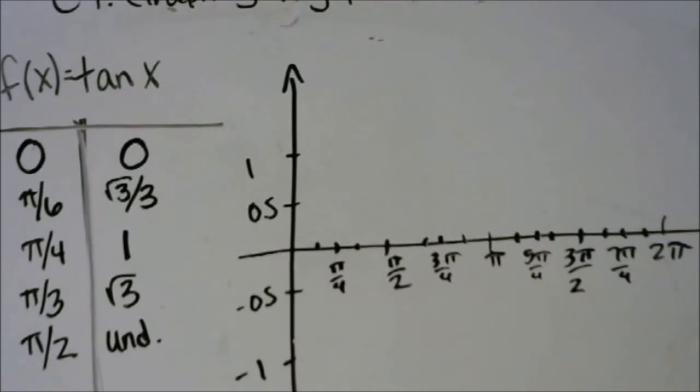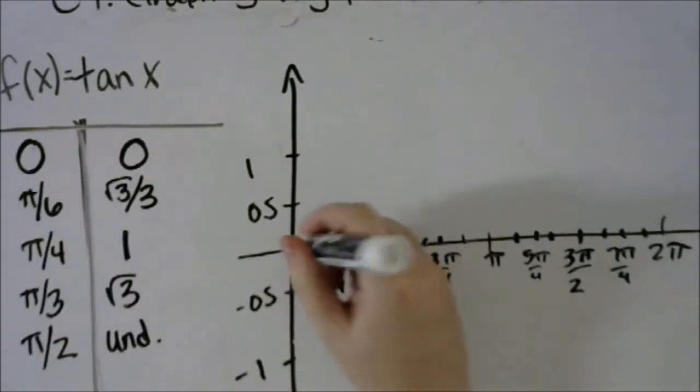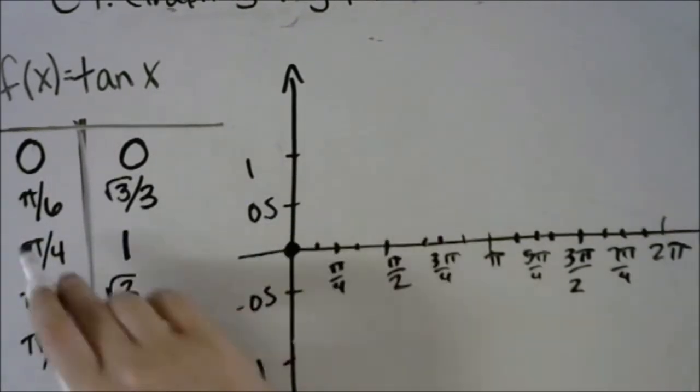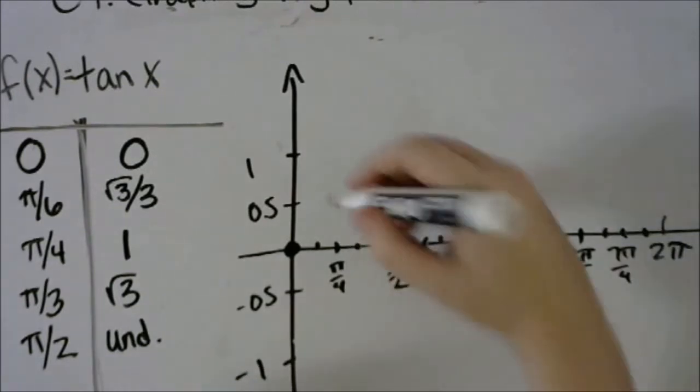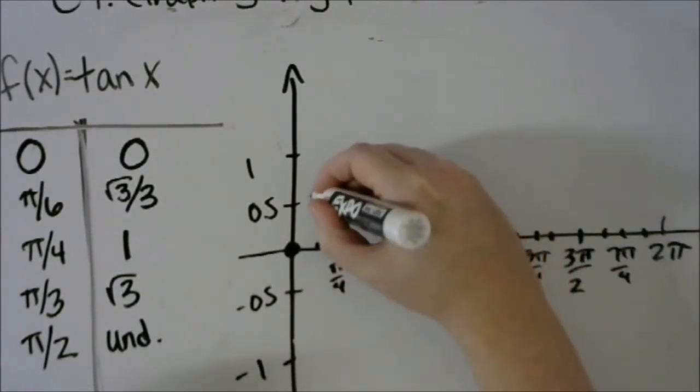I'm now ready to graph this function. Starting with the point 0, 0, pi/6, rad 3 over 3. Well, if I use my calculator, I can figure out a decimal approximation for rad 3 over 3, which is about 0.577, so a little bit more than 0.5.